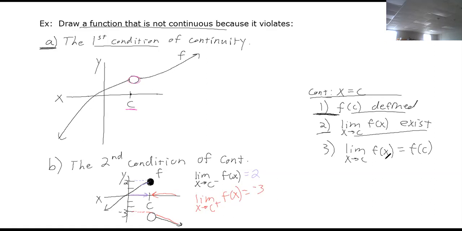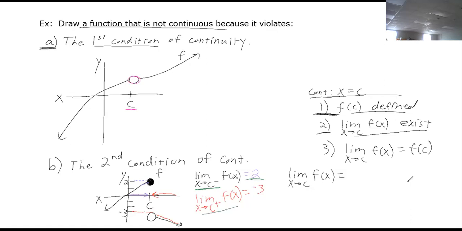Now, what did we say for a limit to exist? Didn't we say the limit as x approaches c in general will exist if the left and the right-hand limits both approach the same number, right? What is your left-hand limit approaching? 2.